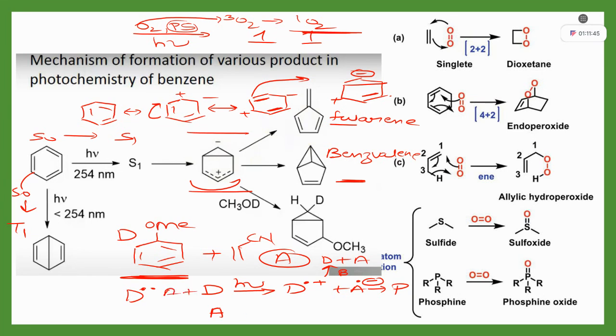Okay, let's say you have an acceptor. The acceptor will first accept an electron and will lead to formation of radical anion, right? And whenever you give it a donor, obviously the acceptor's work is to accept, so it will form its radical cation because it will abstract that radical from the donor only and can lead to formation of product.